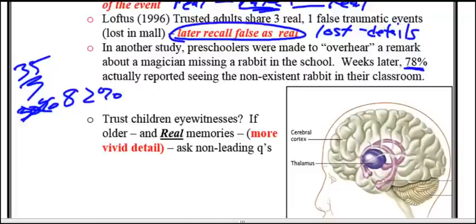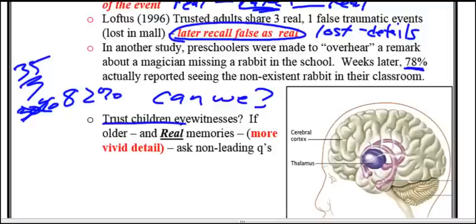So one researcher said, caterpillars become butterflies as adults, and it seems like those adults believe that in their youth they were actually little butterflies and not caterpillars. So can we trust children as eyewitnesses?